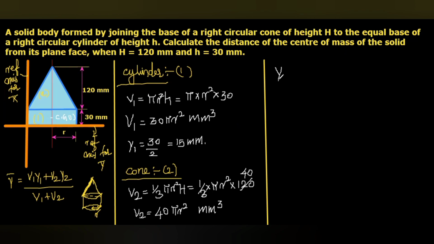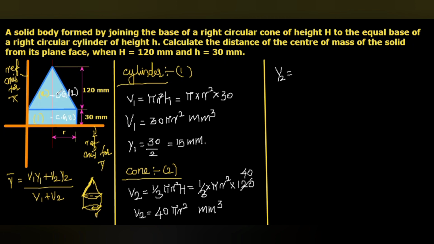Then we are going to calculate Y2. Actually here, this right circular cone is symmetric about the vertical axis. So here, the CG2 will lie on the vertical or the symmetrical axis.